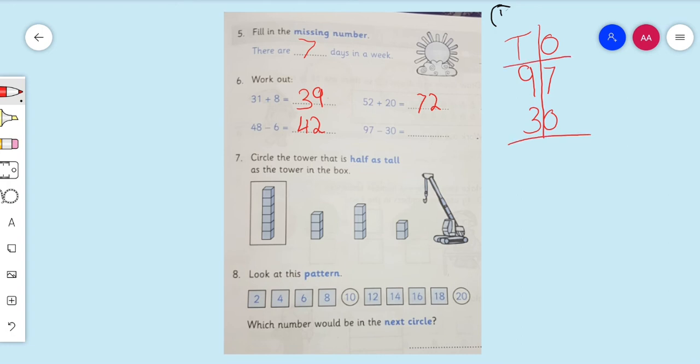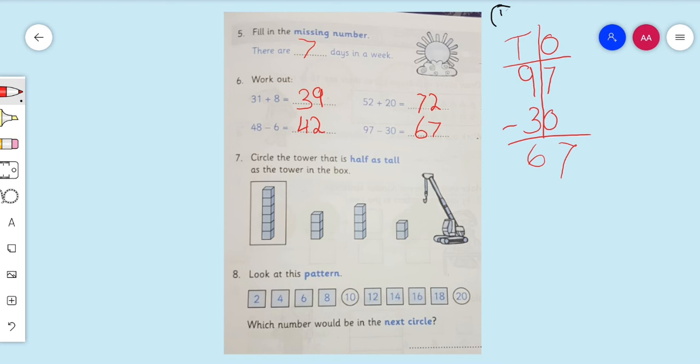We're taking away, so we put the take away sign there, and then 7 take away 0 is still 7, and 9 take away 3 is 6. So the answer is 67. We're going to write 67 here.